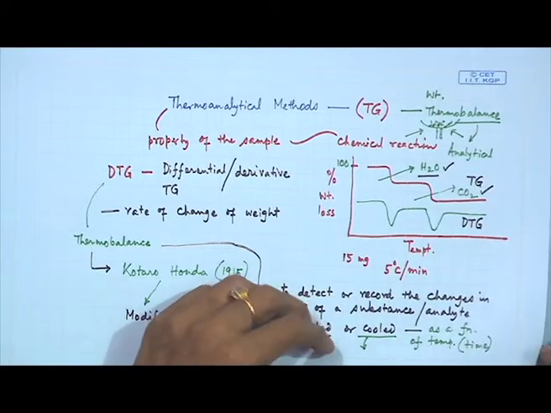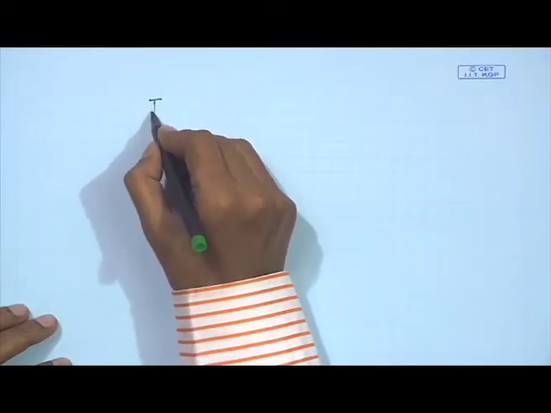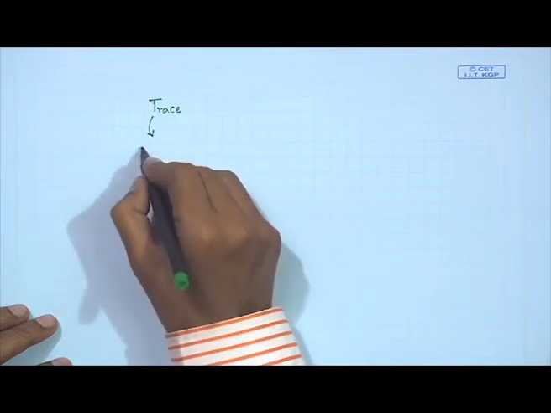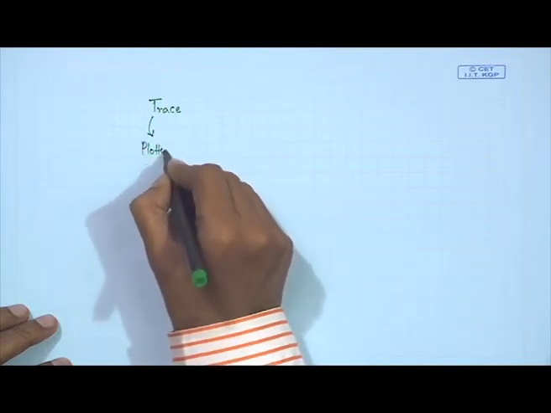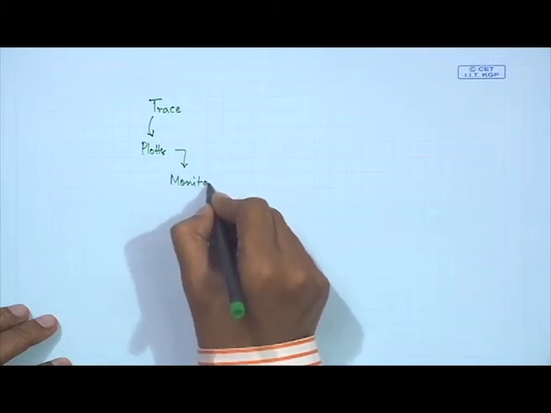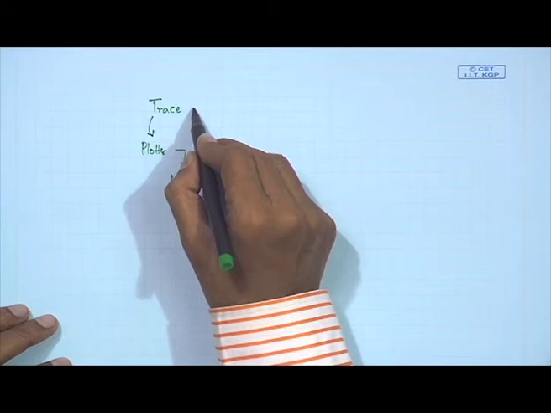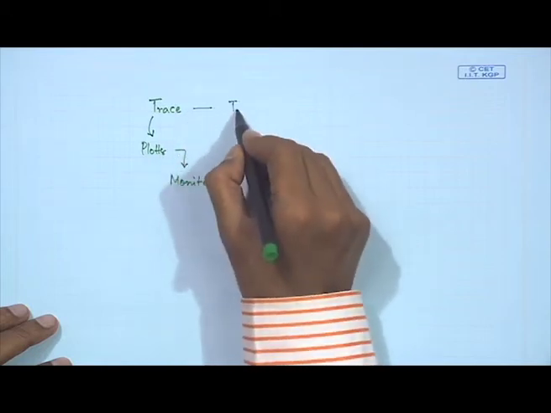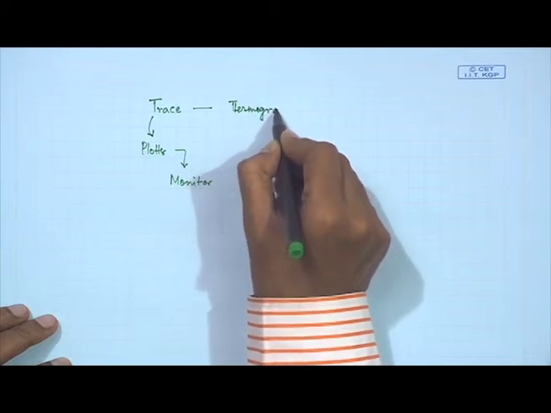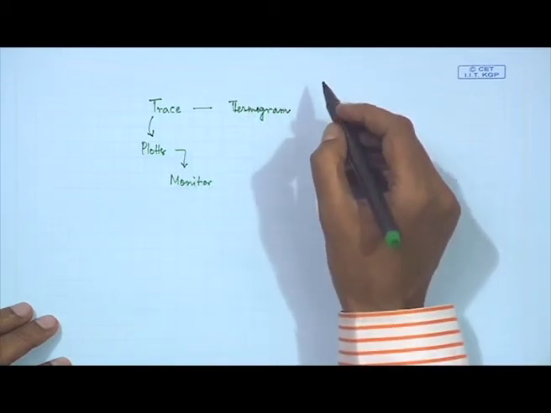By doing so we get this curve, and that trace we plot. So, we must have a plotter, or nowadays the computer monitor is fine, and we will term those thermograms.